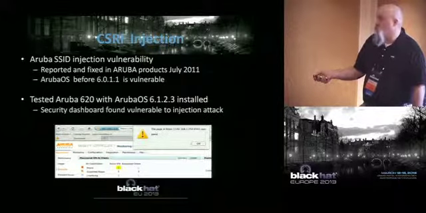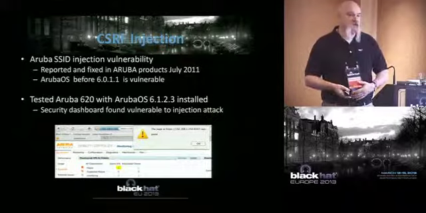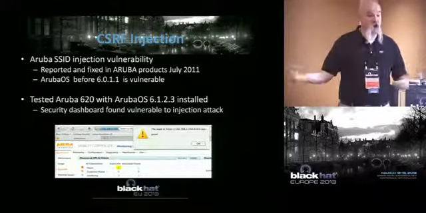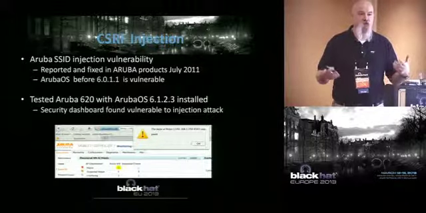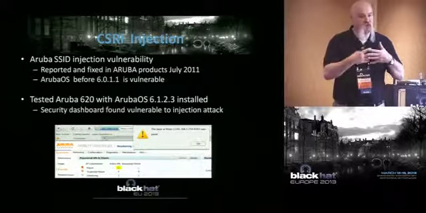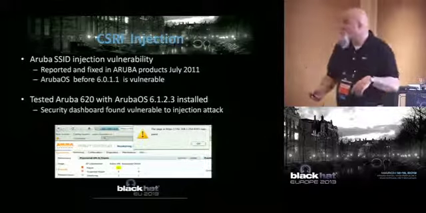This was all done through the security dashboard. The security dashboard is kind of the IDS section of the device. So if anything's going to be monitored on this device, it's going to be the IDS part, looking for rogue APs or APs that are conflicting with your existing APs. And we'll show it here in a minute.